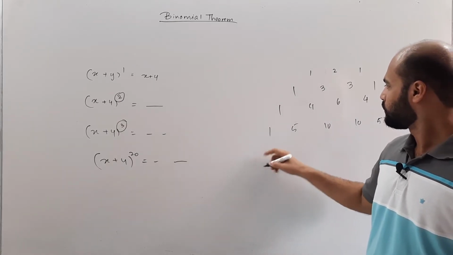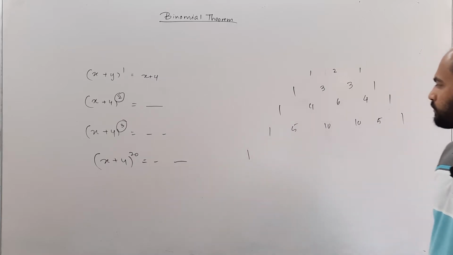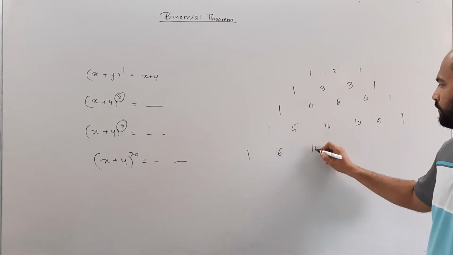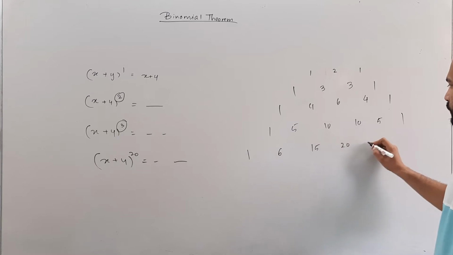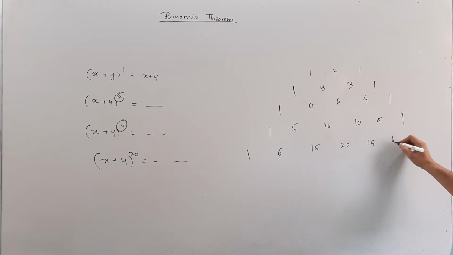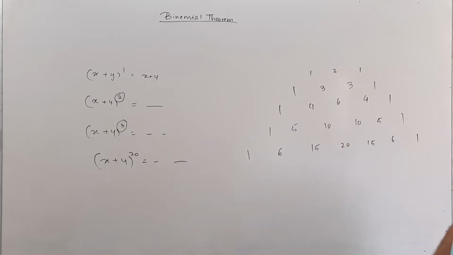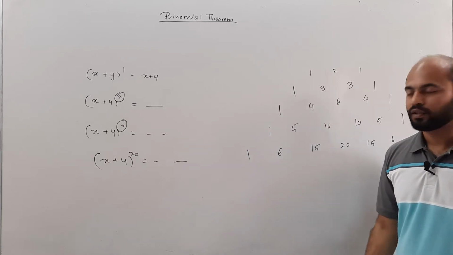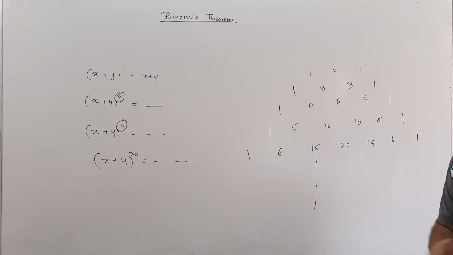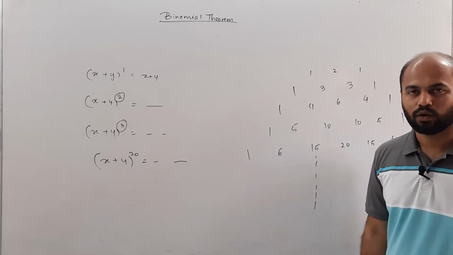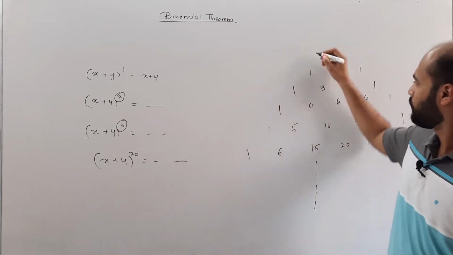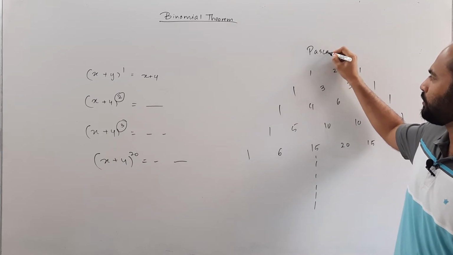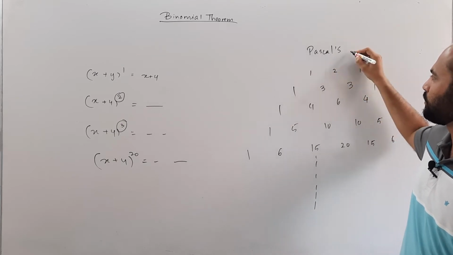If it is 6, then it's going to be something like this. So these are the coefficients wherein the power will be 6. Now this was a technique which was developed by observations of course, and this is called Pascal's triangle because this was invented by Pascal.